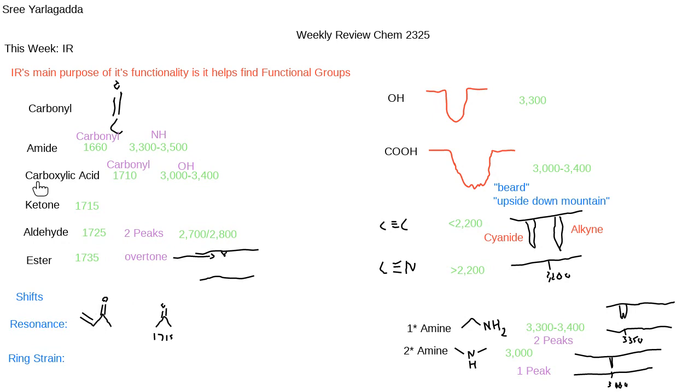So here it's the ketone, and that ketone is going to be higher. But you won't know exactly how much higher. All you need to know is that it's going to be higher than 1715. So I'm just going to guess it's at, let's say, 1730.